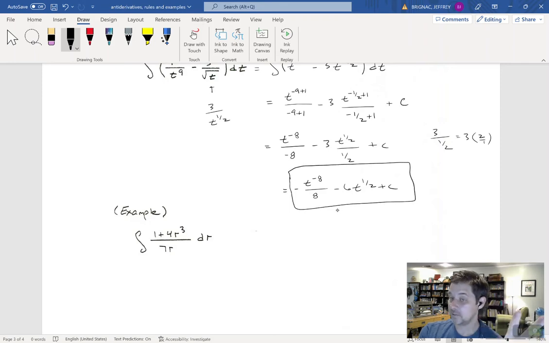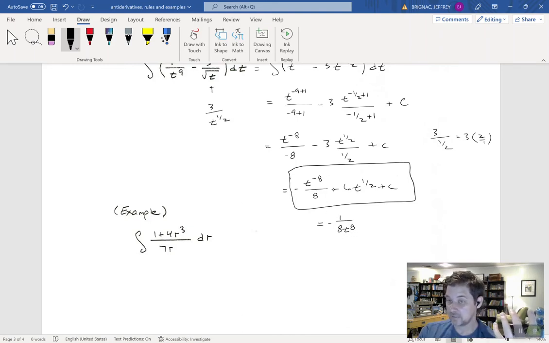That's probably good enough, but there are other ways I could write this, and I want to make sure that you're aware of them. It might be that my math lab or somebody at some other time would like to see that you can write that as a positive exponent. So I can say this is the same thing as negative 1 over 8 times t to the 8th power.